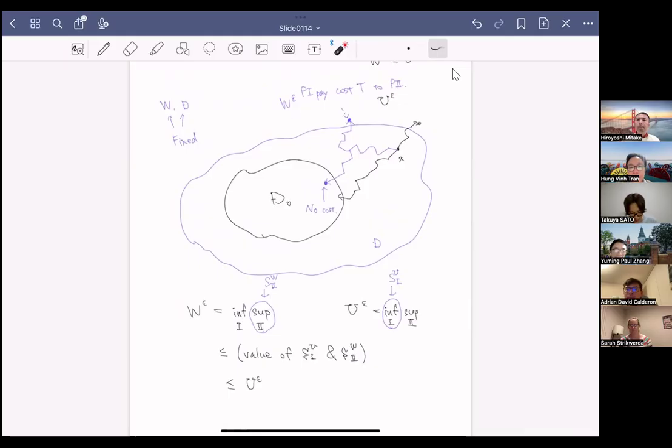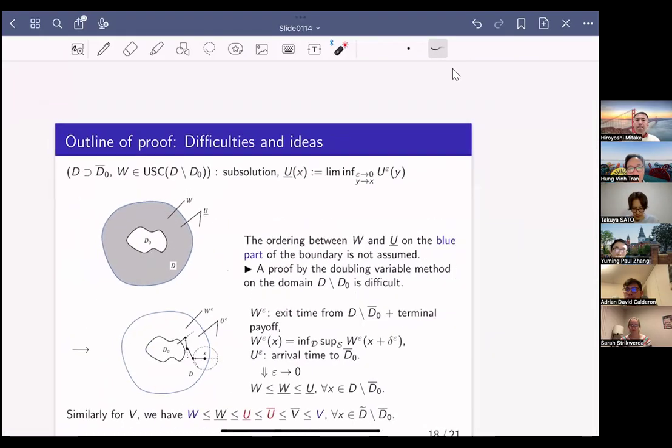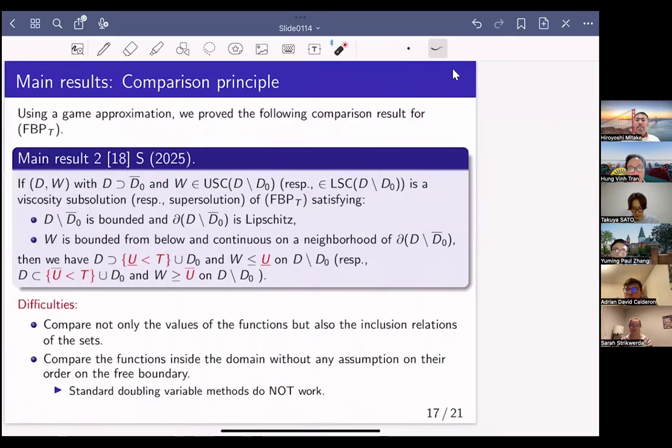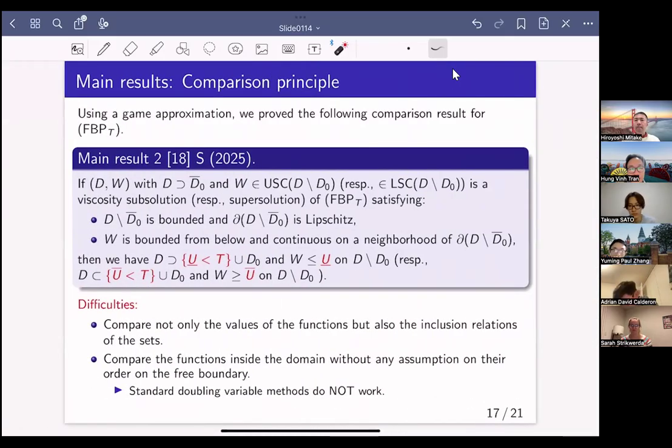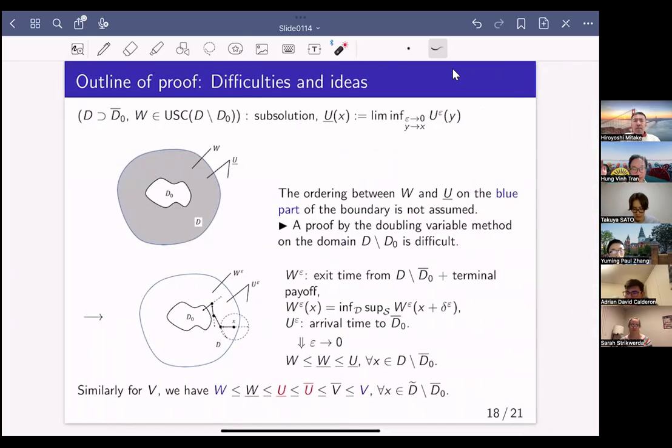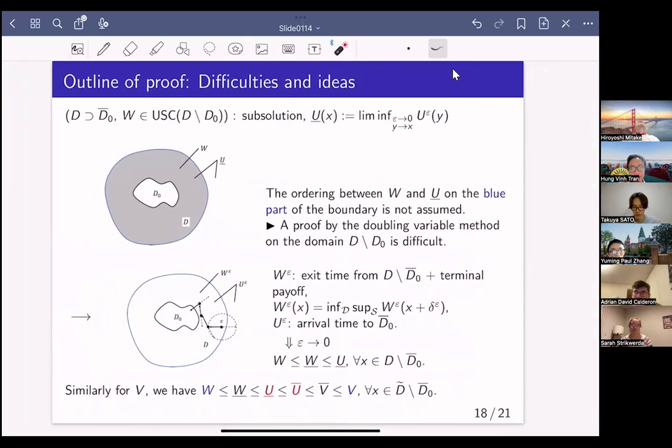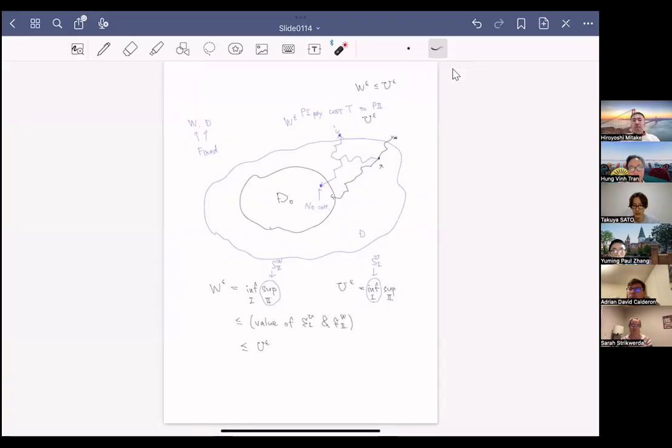Yeah, I think you would need to use a bit of the property of the set D, right? Because to show that W epsilon is less than or equal to U epsilon, right, the set D is exactly where U is less than or equal to T. Outside of the set D, U is already greater than T. That's basically why W epsilon is less than or equal to U epsilon, right?